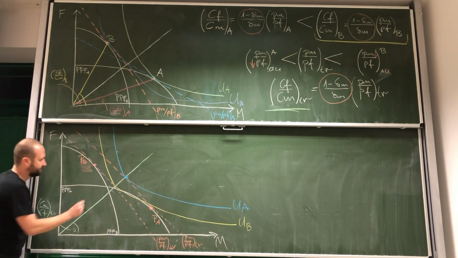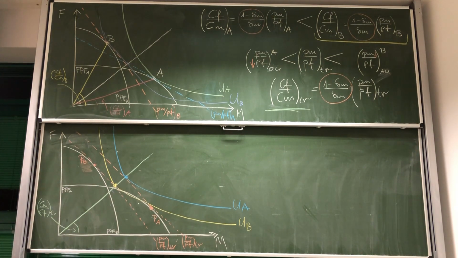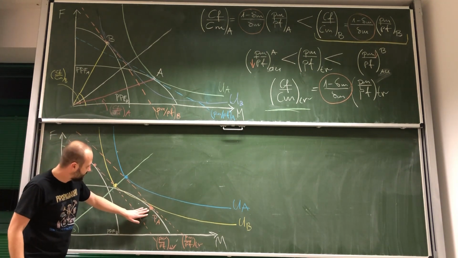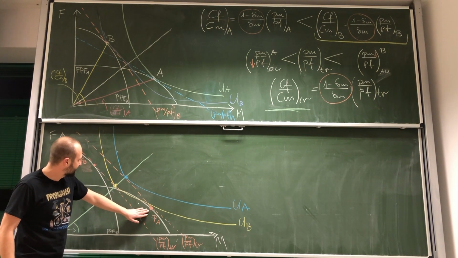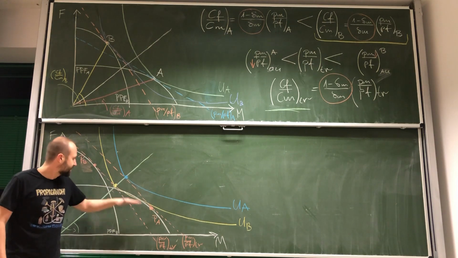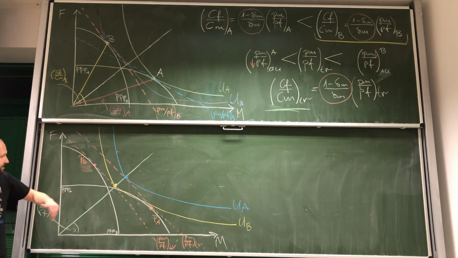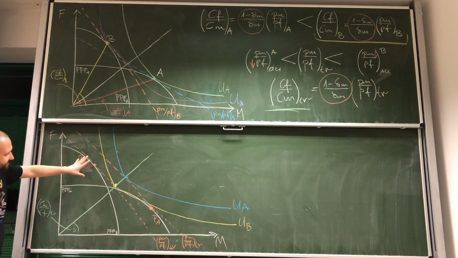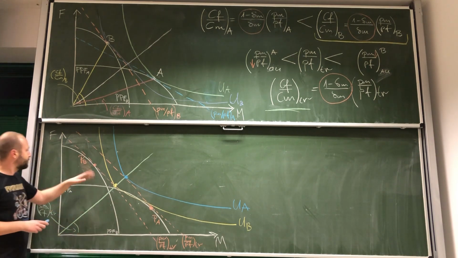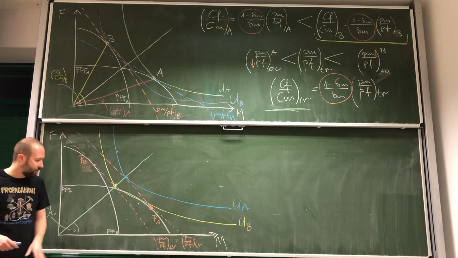This is how many goods Bolivia is consuming, right? We clearly see that now Austria consumes a little bit less of manufactures, but consumes vastly more of food. On the other hand, Bolivia consumes less of food and more of manufactures.